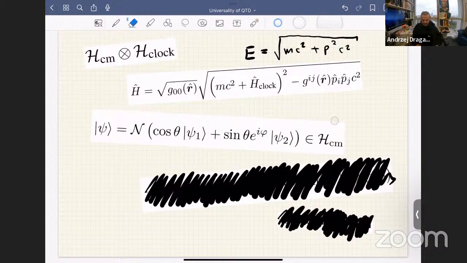Okay, so first of all, we consider the center of mass state of the clock to be a superposition of two momentum states. For example, this could be one momentum state, this could be another momentum state, and we take a superposition with some arbitrary weights and some possible phase. And we consider two Gaussian wave packets in momentum space. So this is one Gaussian in momentum space, this is another Gaussian in momentum space. We superpose them, and this is how the clock moves.